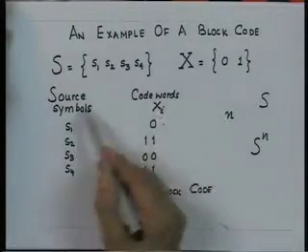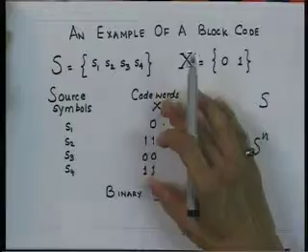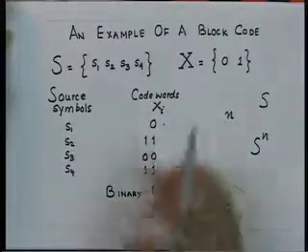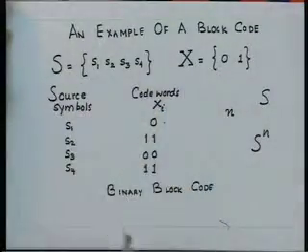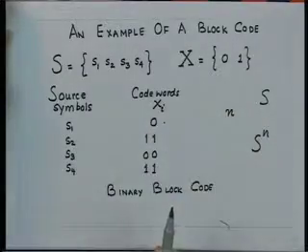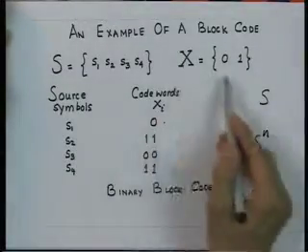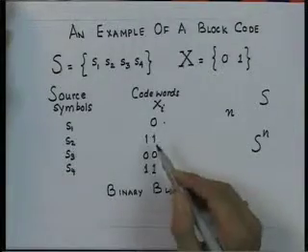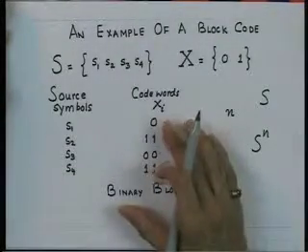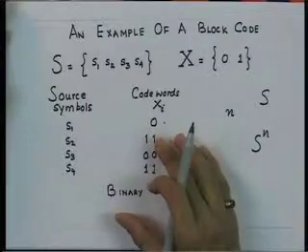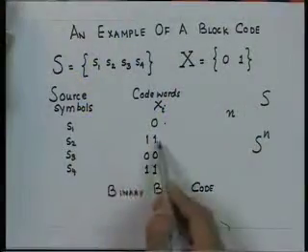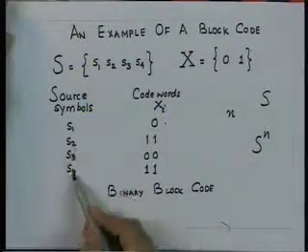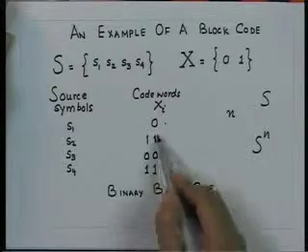Now, if you look at this code which I have designed, this is a particular code for this source S, and this code has been formed based on the code alphabet 0 and 1, and these are the code words. If you want to really use this code in a practical situation, there is some problem. The problem is that the code words for the source symbols S2 and S4 are identical.